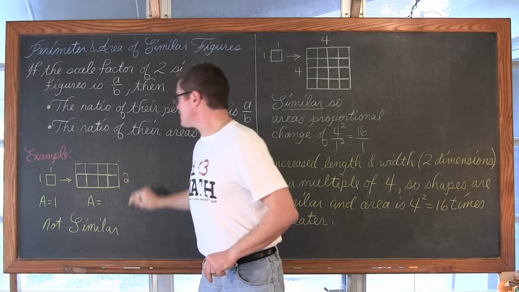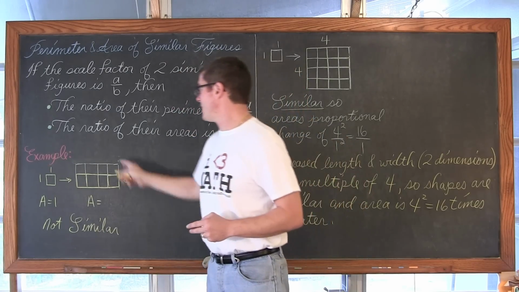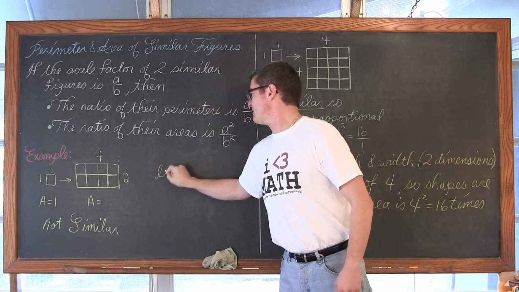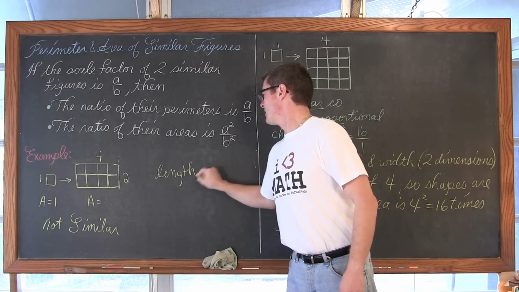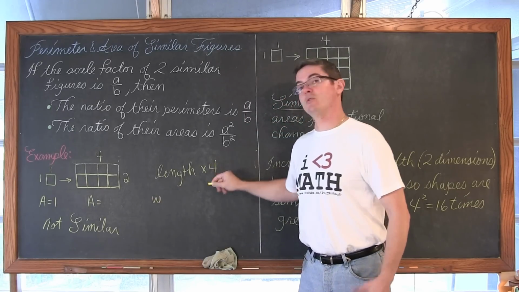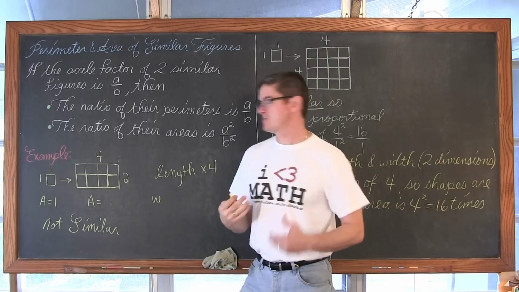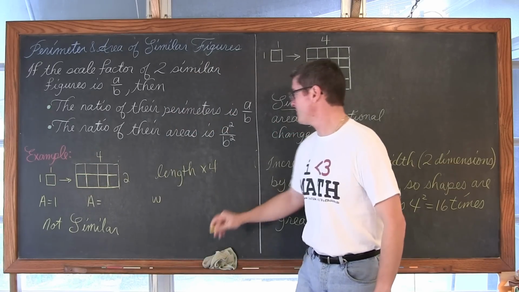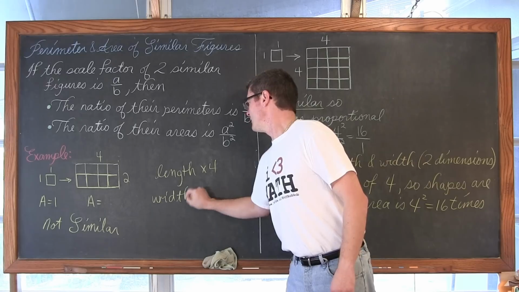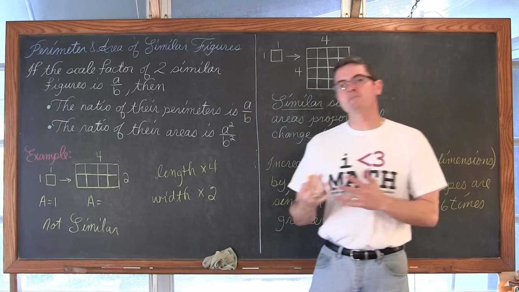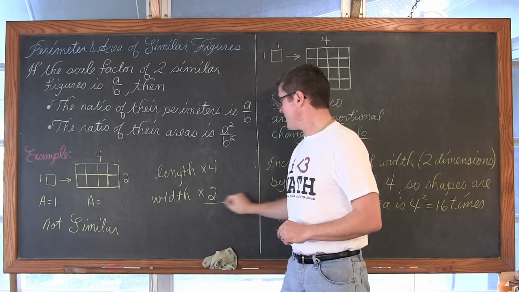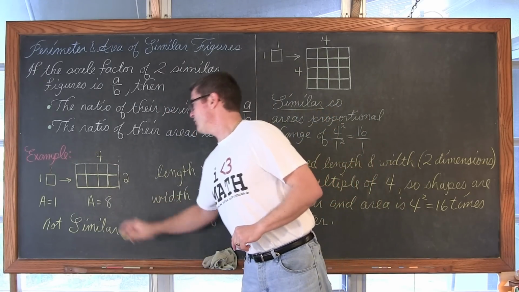But if I increase the width by a multiple of 2, and I increase the length by a multiple of 4, well, let's change that back to a 4, if we want to just talk about this way as being length. 1 times 4 is 4. And the width, I increased by a multiple of 2. Well, what did have an area of 1 is now going to have an area of 8.